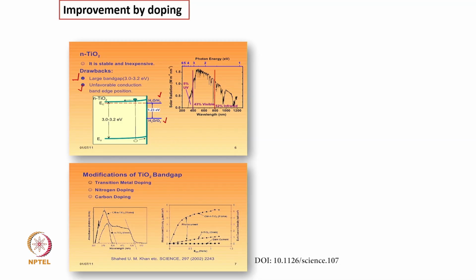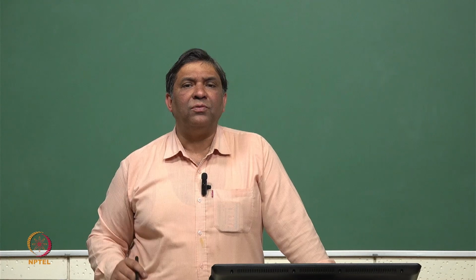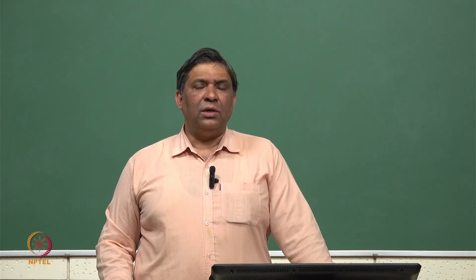If you look at the absorption of light in TiO2, this is the solar spectrum where 5% is UV, 43% is visible, and 52% is infrared. Because of the very large band gap of TiO2, we miss a lot of the visible light.